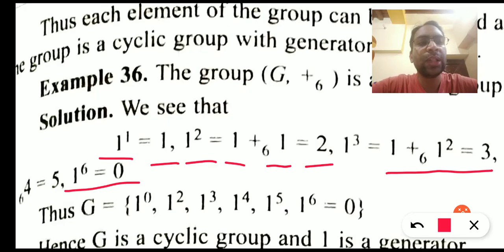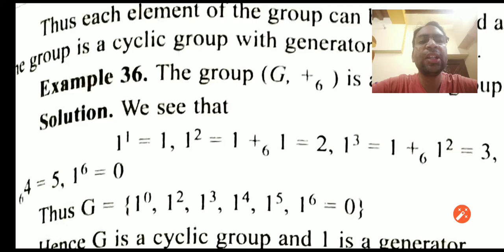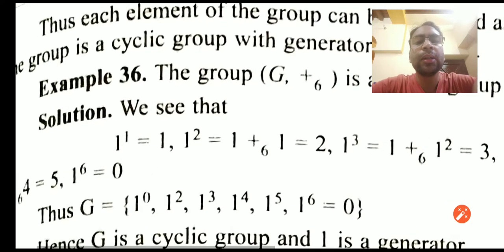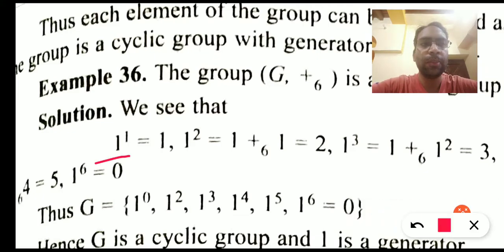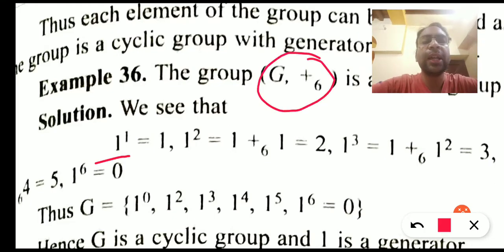In this way all the elements can be generated with the help of the generator 1. So 1 is the generator of the group and all the other elements can be generated with the help of 1. Hence this is a cyclic group.